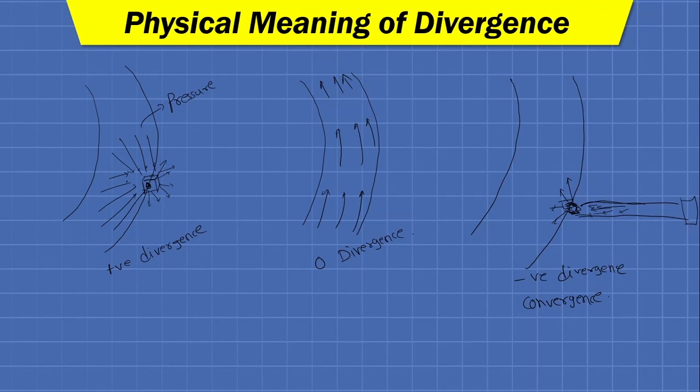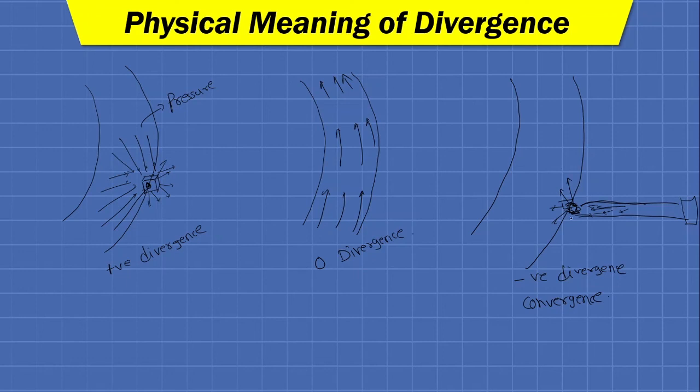However, a positive divergence of any vector quantity indicates a source of that vector. As you can see here, this positive divergence states that this point, the puncture point, has a source of air, or source of pressure, or high velocity air. Fine. Then a negative divergence or convergence indicates the sink of that vector quantity.